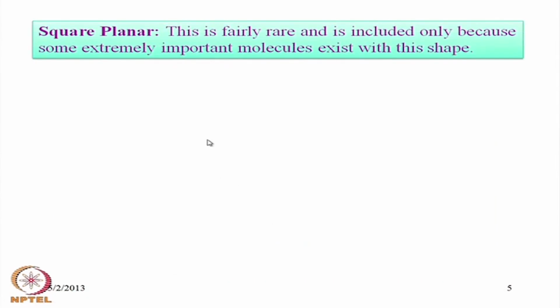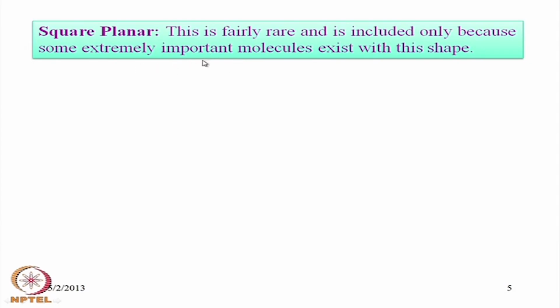Another geometry in the coordination number 4 is the square planar one, and this square planar geometry is also fairly rare and is included only because some extremely important molecules exist with this shape.